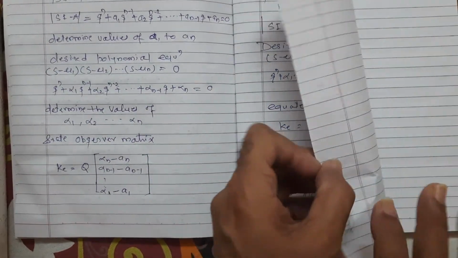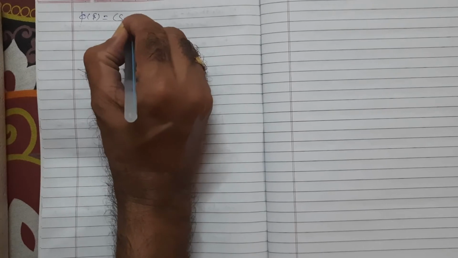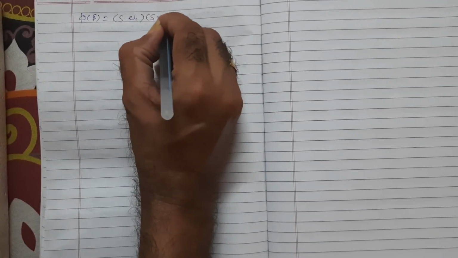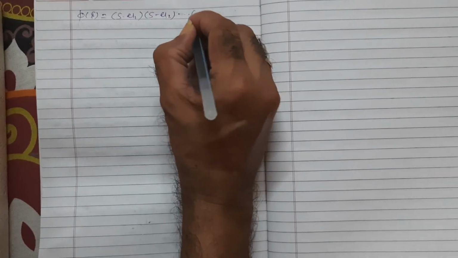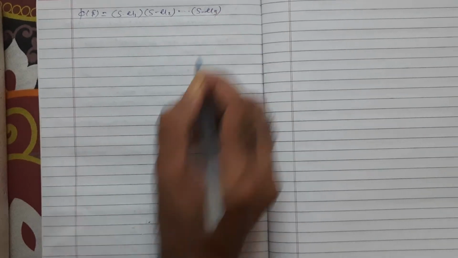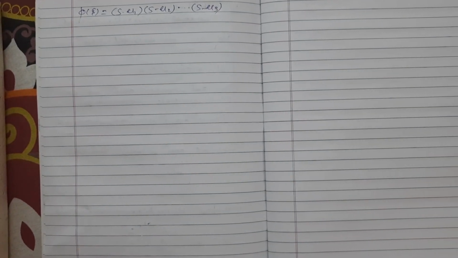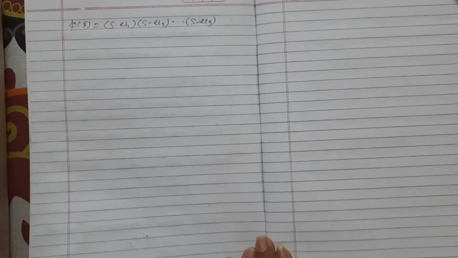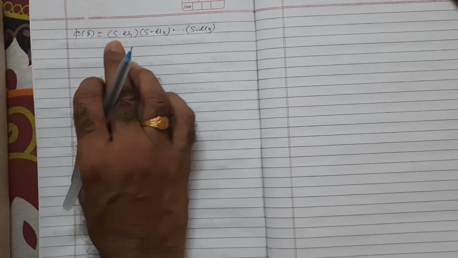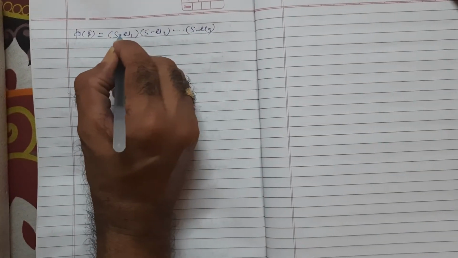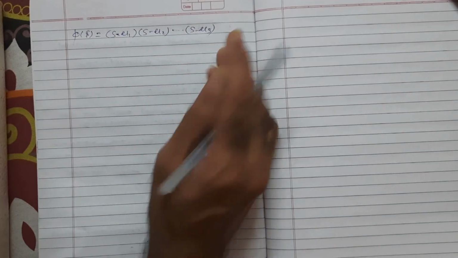Now see here, for this phi of A, first we will find out phi of s. Phi of s equals (s minus mu1)(s minus mu2) up to (s minus mu n), so this we can find out. Phi of s equals (s minus mu1)(s minus mu2) up to (s minus mu n).